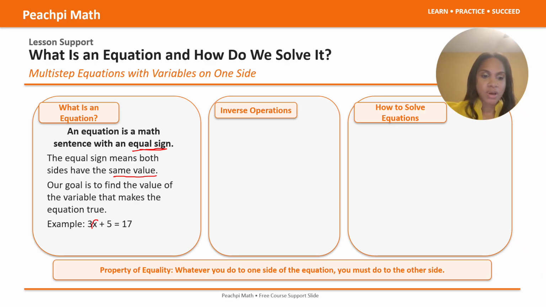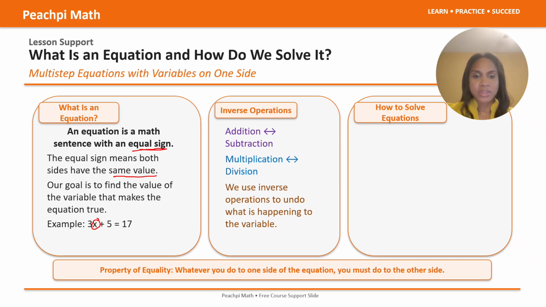We will want to solve for that x. Now next, let's take a look at inverse operations. Our inverse operations are addition and subtraction, multiplication and division, and we use inverse operations to undo what is happening to the variable.